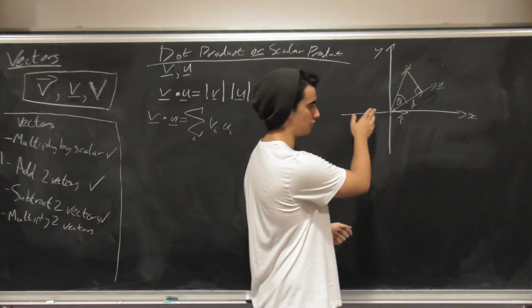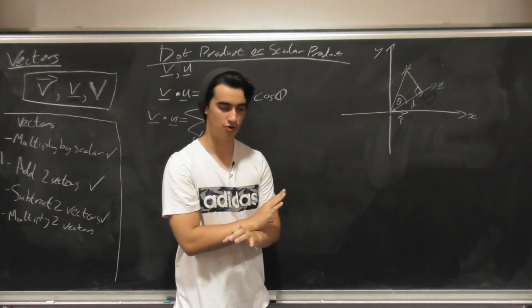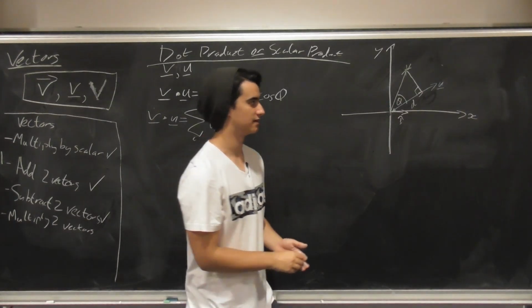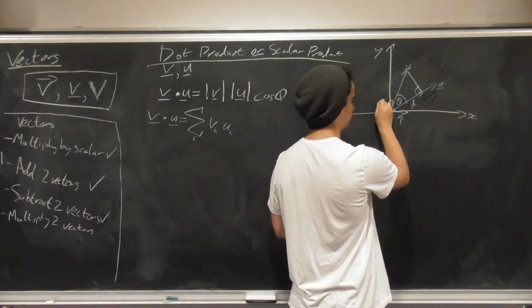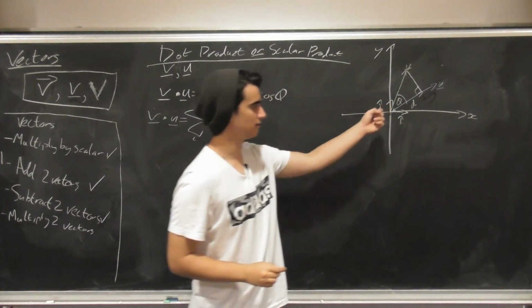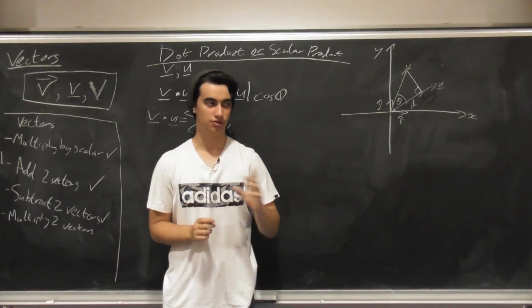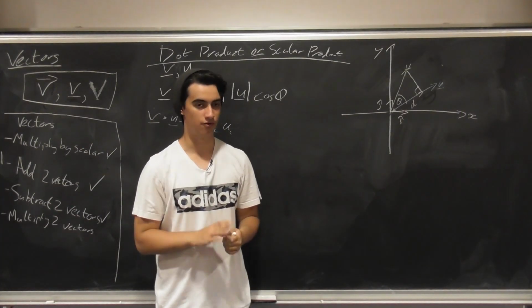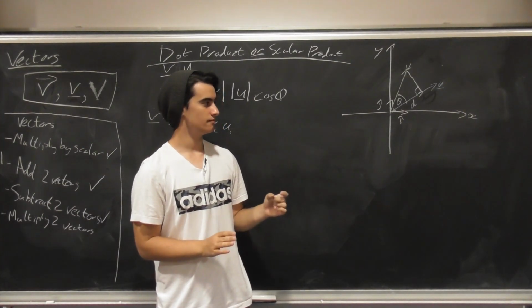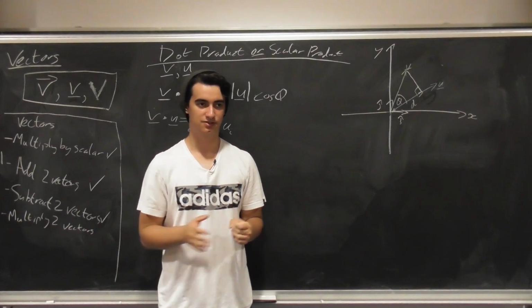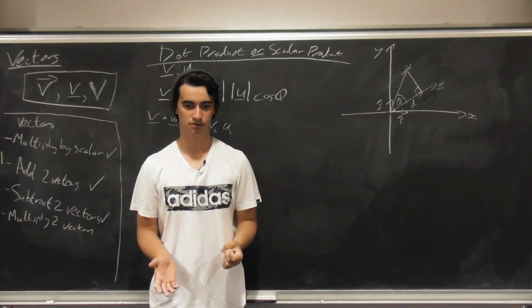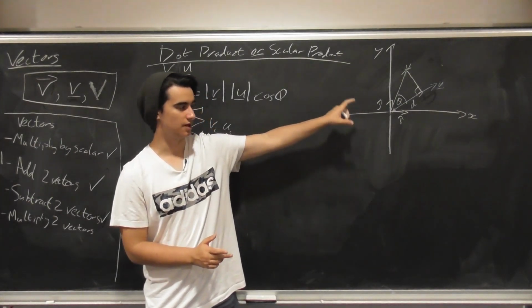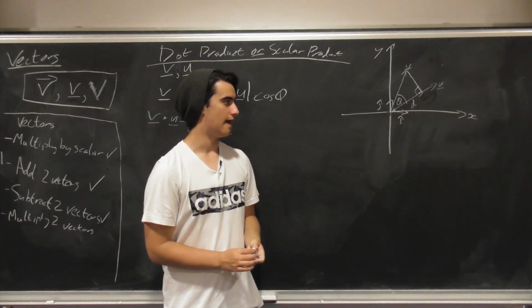So this points only along the x-axis. It has no other components. And likewise, we'll define another, j or j hat, to point 1 unit along the y-axis and nothing else. We can generalize this to 3 dimensions and add in a k vector, but for the time being, we'll just keep it with 2D.